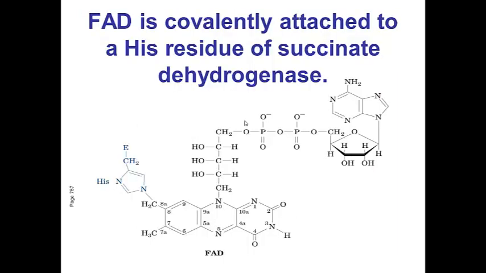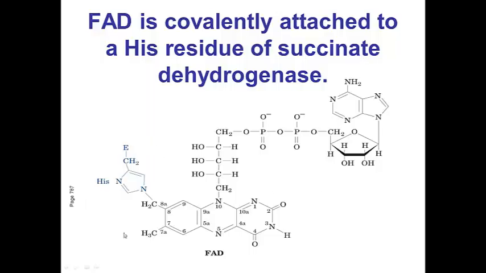A little bit more about how this reaction occurs. It's important that the enzyme is embedded within the electron transport chain because this FAD molecule doesn't dissociate from the enzyme, unlike the NADHs we've seen before. Here, FAD is covalently associated with a histidine residue in succinate dehydrogenase.